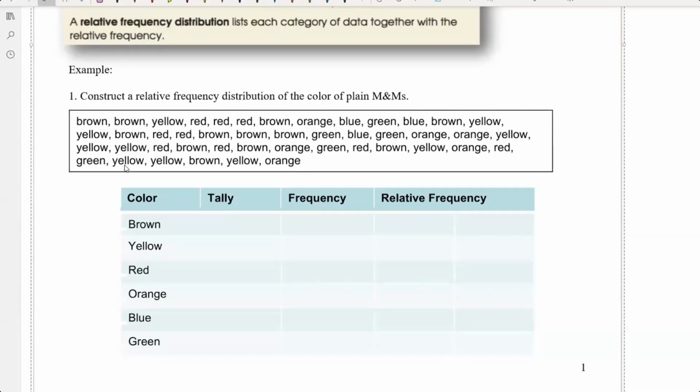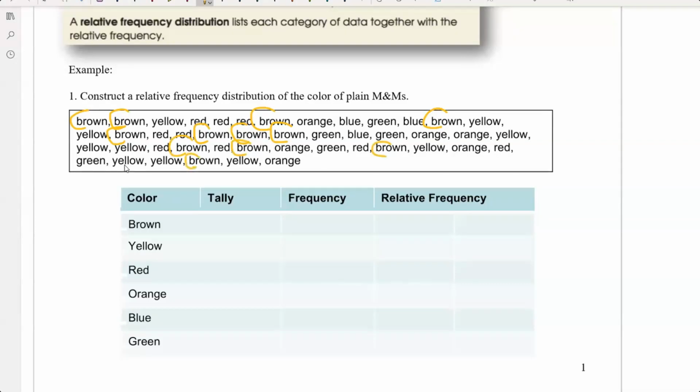So I have to count how many browns we have in this table. Okay, so here we should have 12 browns. So 1, 2, 3, 4, 5, 6, 7, 8, 9, 10, 11, and one more here, 12.